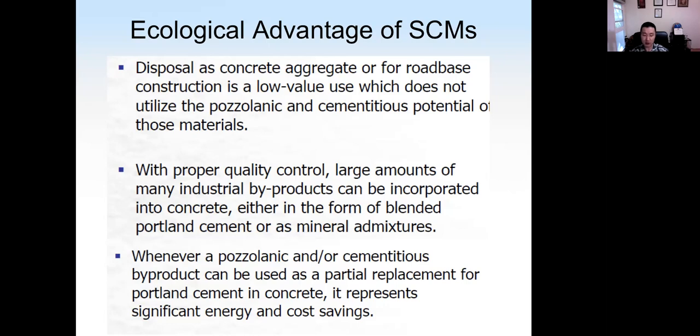This is the ideal situation, replacing cement using these waste materials. Whenever a pozzolanic material, sometimes together with cementitious properties, can be used to partially replace cement, it represents very good energy and cost savings.